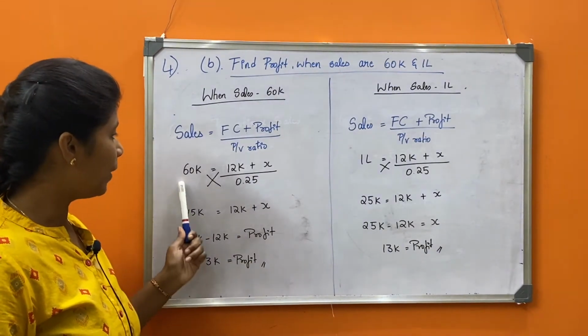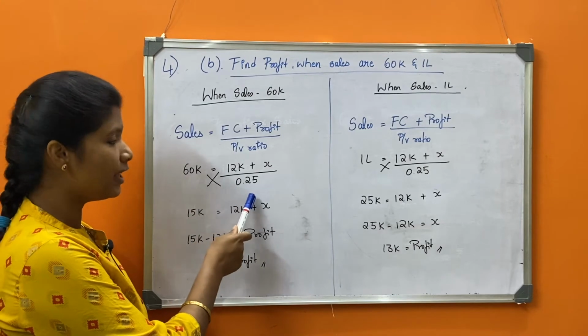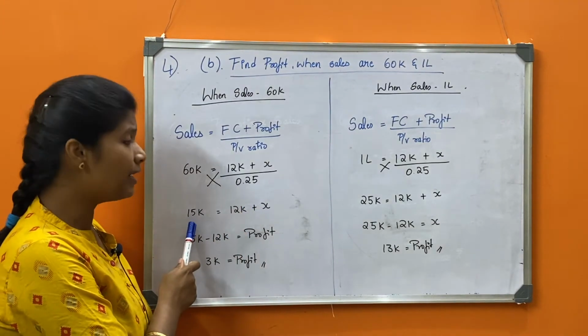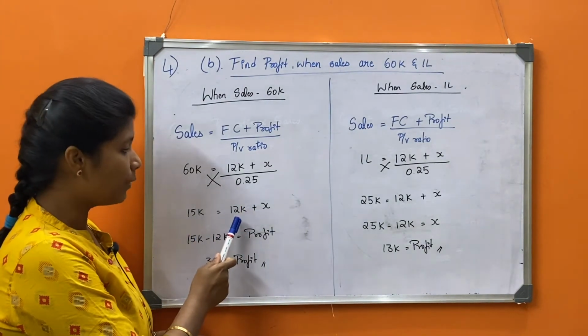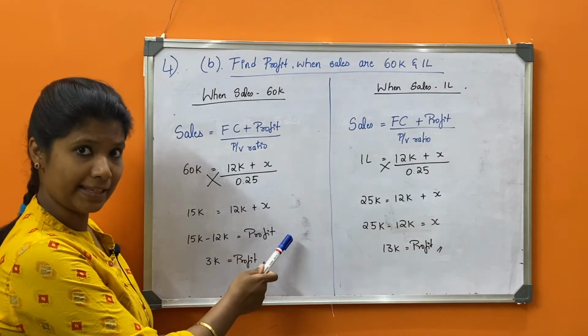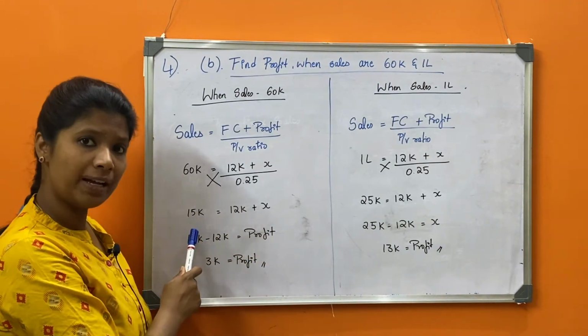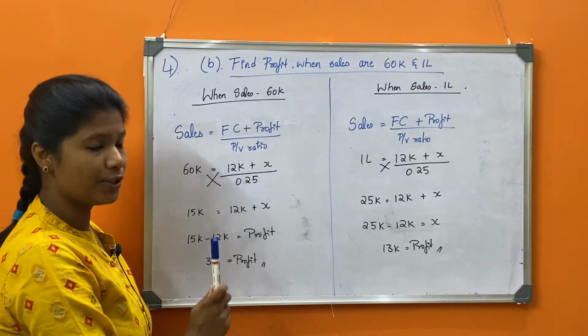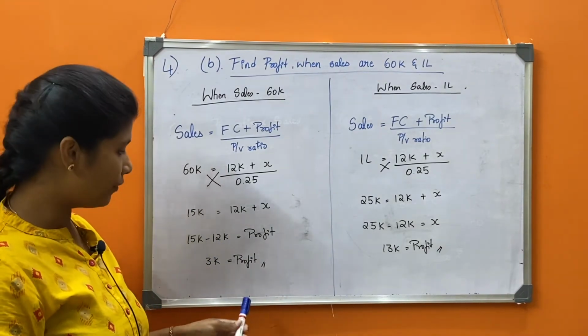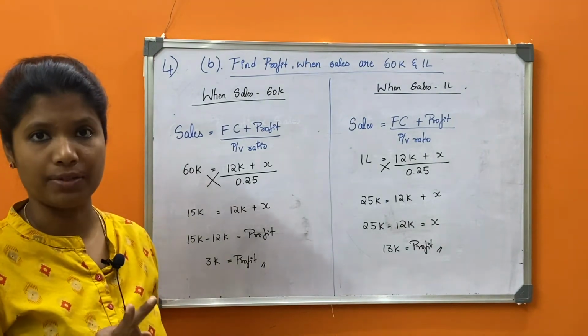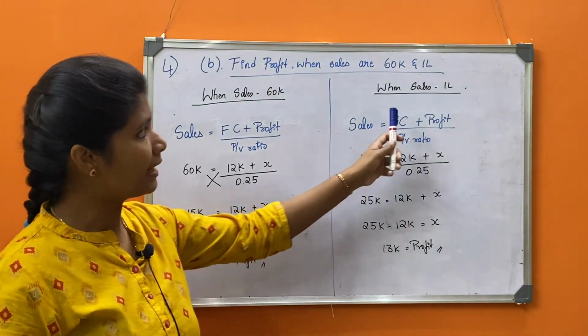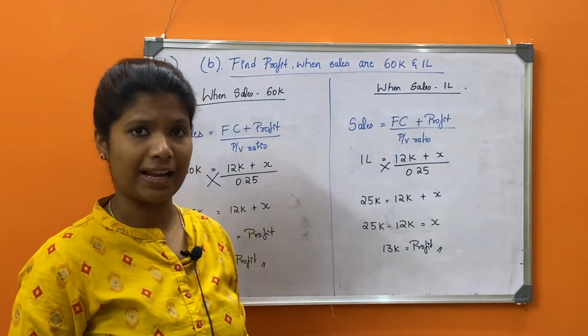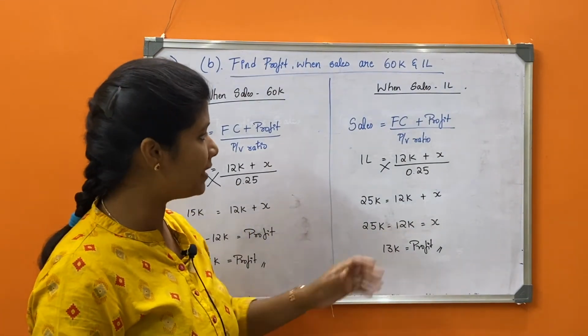So, when I multiply 60,000 into 0.25, I get the answer 15,000 rupees equals to 12,000 plus X. Now, I will bring 12,000 towards the left side. So, 15 minus 12 equals to profit. So, how much profit is it making? 3,000 rupees. So, the second condition is when sales are rupees 1 lakh. Same formula applied here.